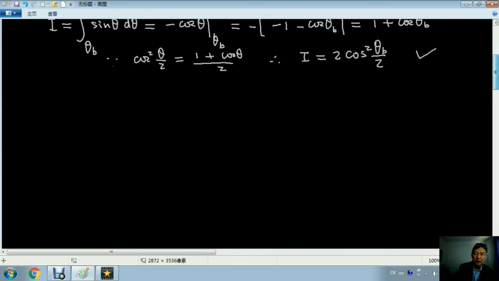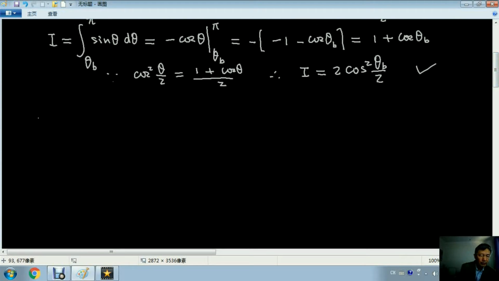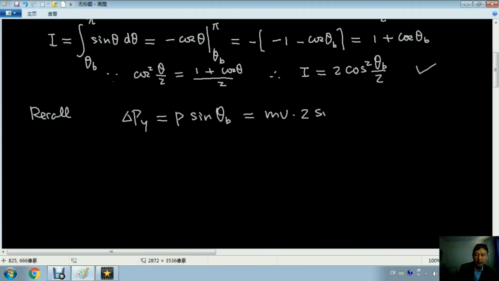Now we substitute this result into our final one. Recall that delta py is equal to p times sine theta b, and then we rewrite it as mv times 2 sine half theta b times cosine half theta b.